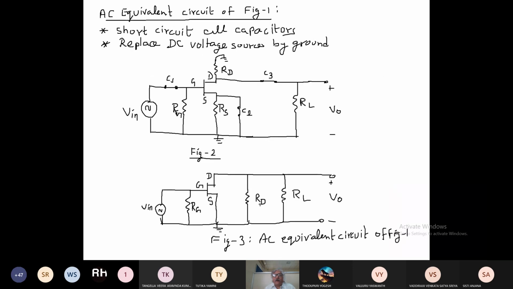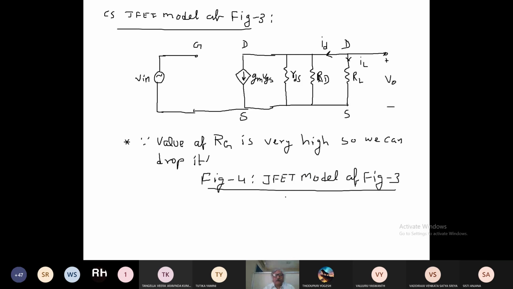Whatever figure number 3 you got, its JFET model is that. So now here you can see there are three resistances, RDS, RD and RL. They are in parallel.